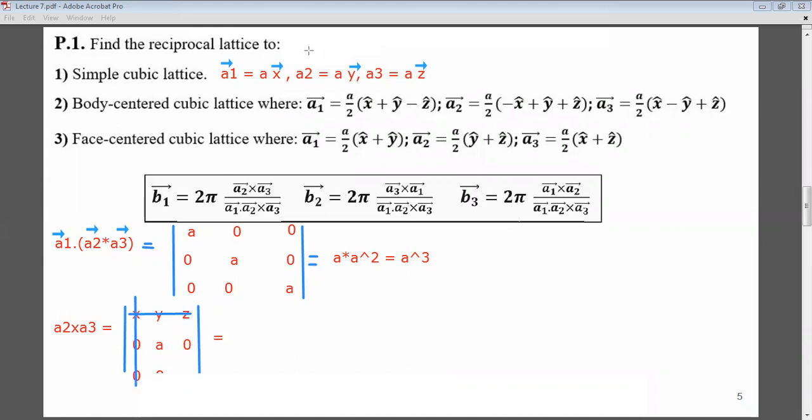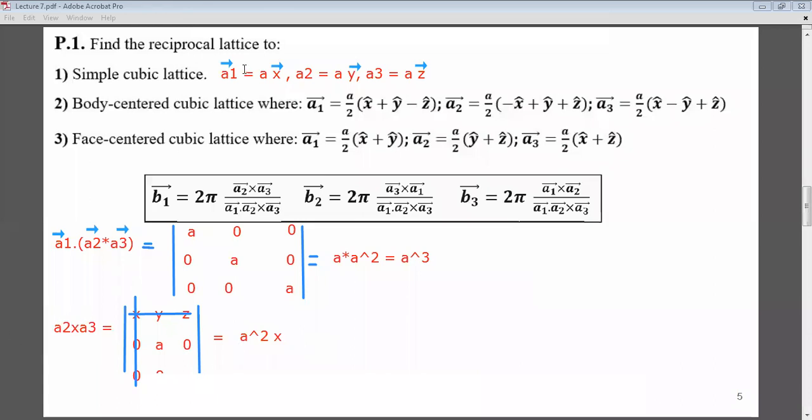So this gives me a squared in the direction of X. Then for the Y, you hide the Y and you get 0 minus 0, so there is nothing in the Y. For the Z, you hide the Z and you also get nothing. So the answer is a squared x-hat.